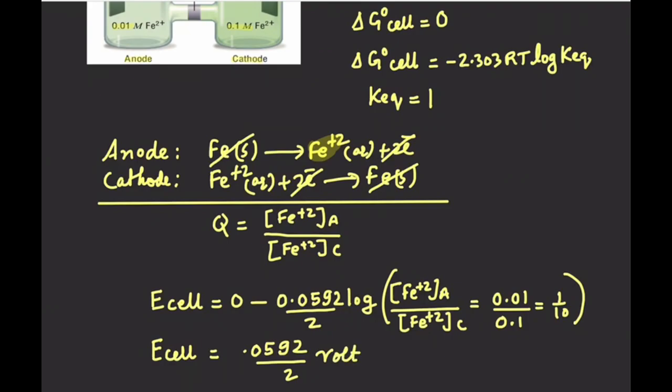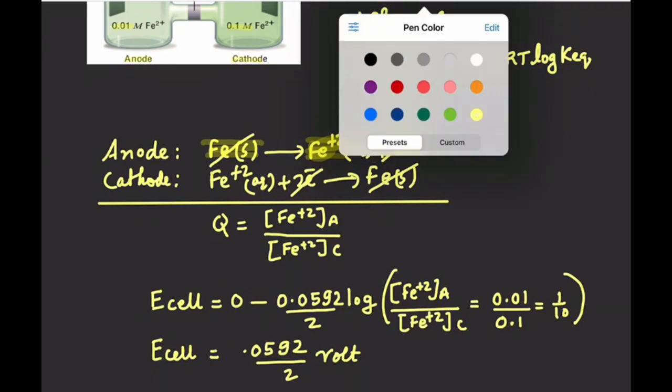What is happening in this concentration cell when the oxidation reaction is taking place at anode, when iron in solid state is converted into iron plus 2 ion by releasing 2 electrons? The concentration of iron plus 2 ion in anodic compartment is increasing with time.